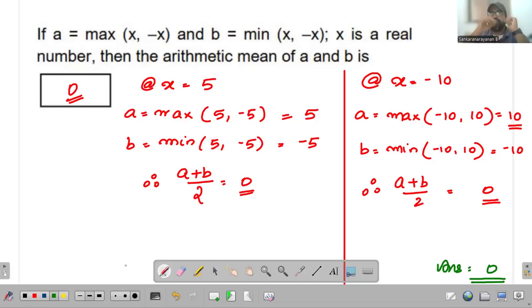Measures of central tendency are mean, median, and mode. In mean, we saw AM, GM, and HM, then median and mode. For measures of dispersion, we talked about range, quartile deviation, mean deviation, standard deviation, and also variance.